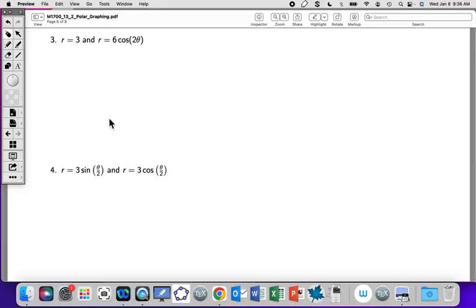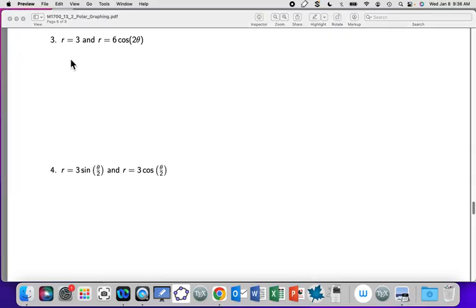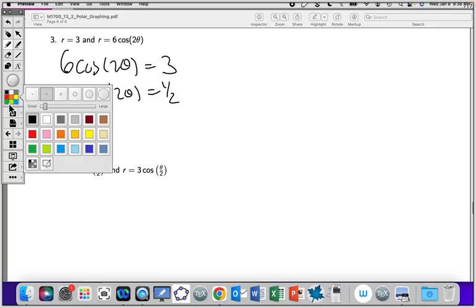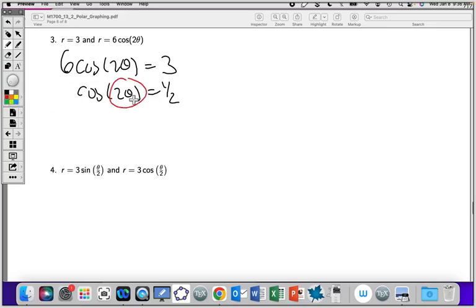All right, let's take a look at this next example, r equals 3 and r equals 6 cosine 2 theta. So once again, we can start by setting the r's equal to each other. I'd get the cosine of 2 theta as a half. And so now I'm back to solving these basic equations. I've got the cosine of something as a half. So that something could be quadrant 1 or quadrant 4.